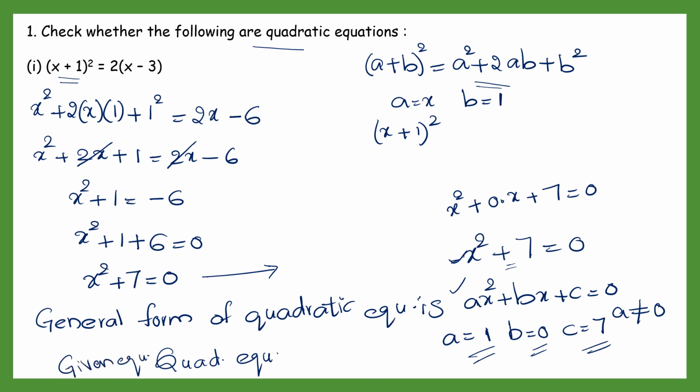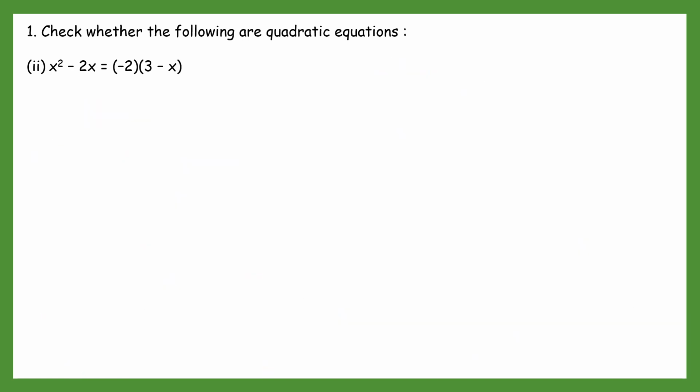This is the way to solve. Second problem. X square minus 2x is equal to minus 2 into (3 minus x). Minus 2 into 3 is minus 6. Minus into minus is plus, 2 into x is 2x.